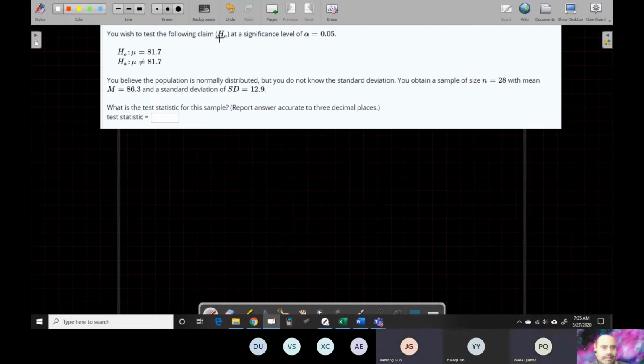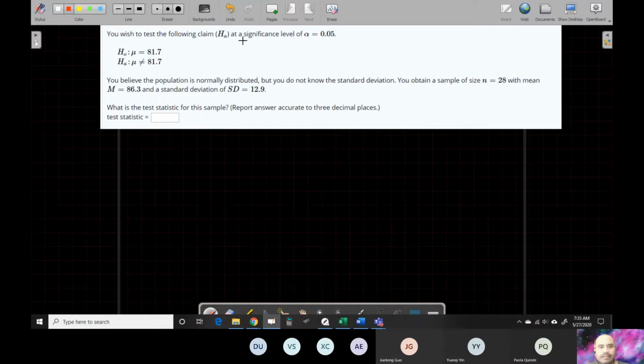Whatever they tell you is the claim is what they're trying to prove to be correct. The other thing you have to understand is that because we have limited resources at this moment, we can only say two things at the end: we reject H0 or we do not reject H0. So that's basically always our answer.